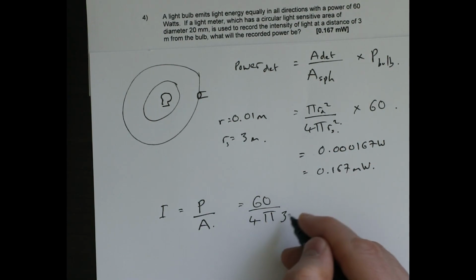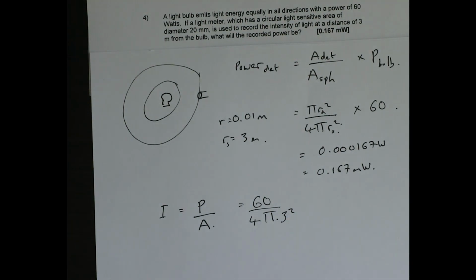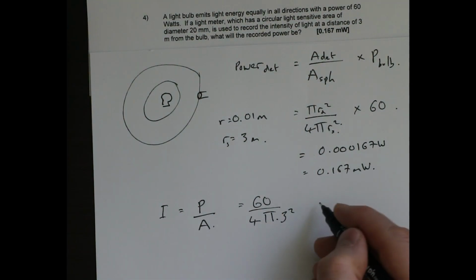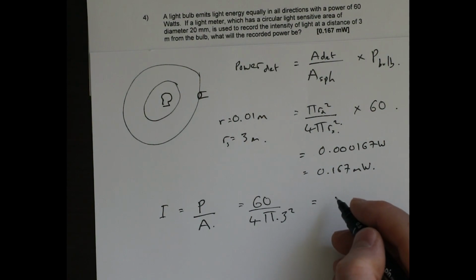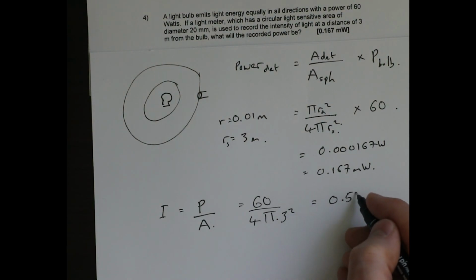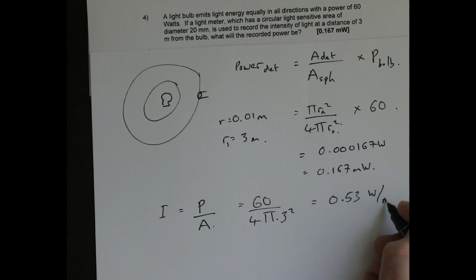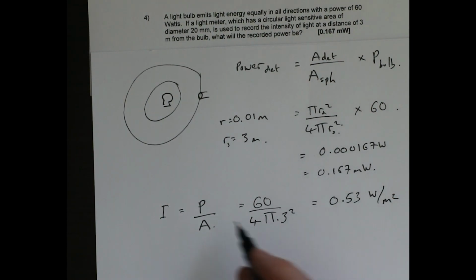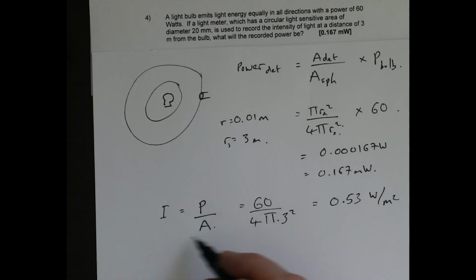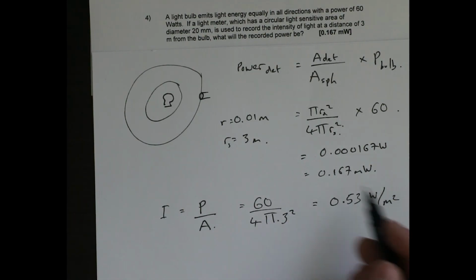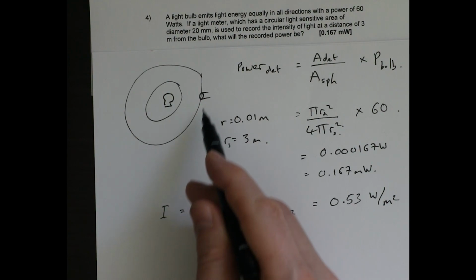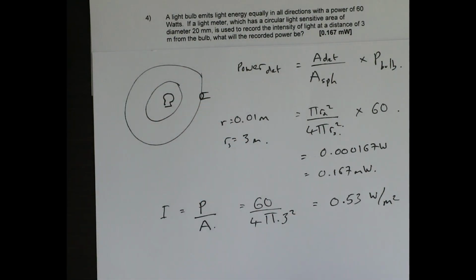So that's 4 pi times 3 squared. If we put those values in, we get an intensity at 3 meters of 0.53 watts per meter squared. That's the unit of intensity because it's just the power divided by the area, so the area has to be meter squared. That tells us what the intensity is at this location 3 meters from the light bulb.